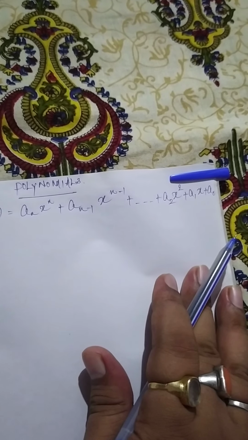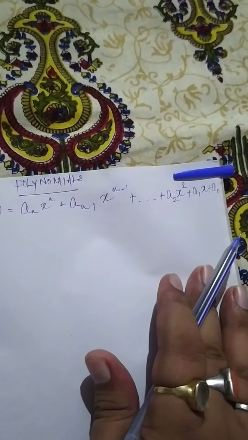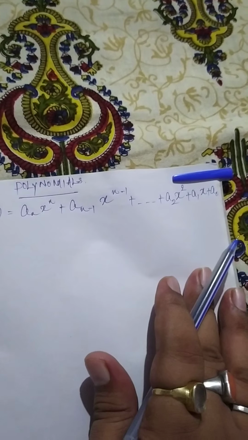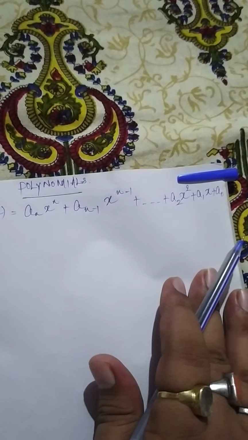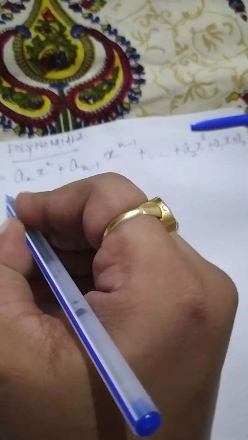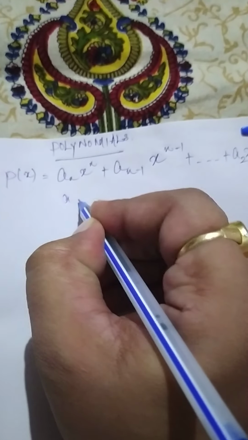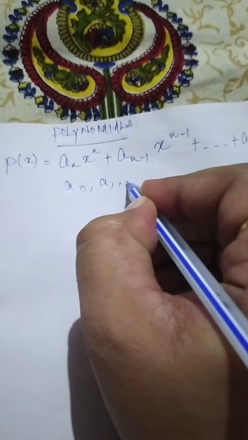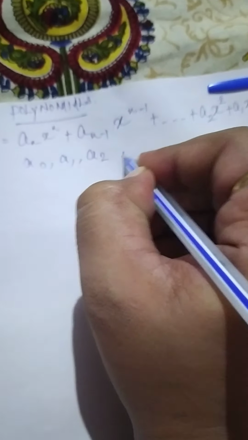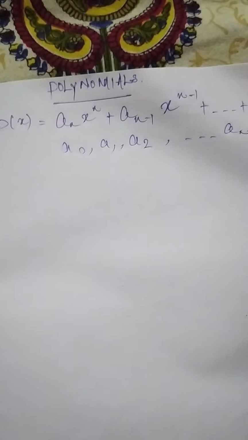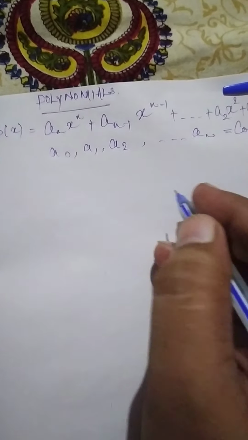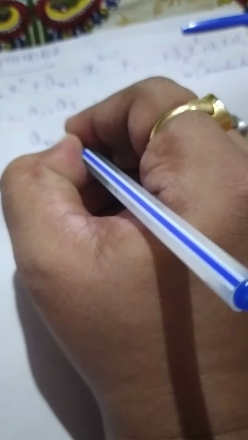Here x to the power 0 is equal to 1, so we may or may not write x to the power 0. Instead, we write only a base 0. So here you see that the values a0, a1, a2 up to a base n are all constants. Another thing is that here a base n is not equal to 0.